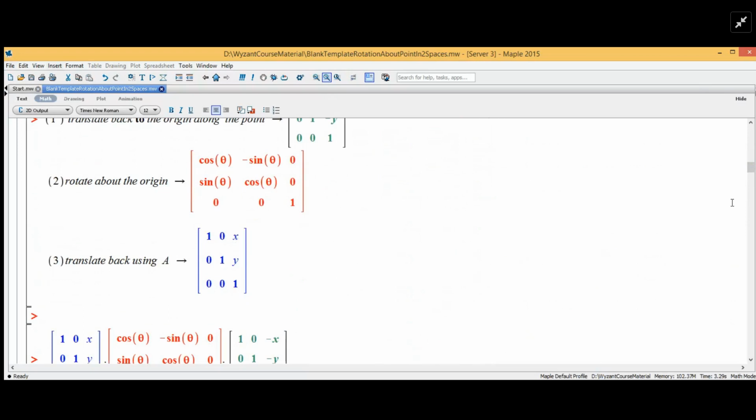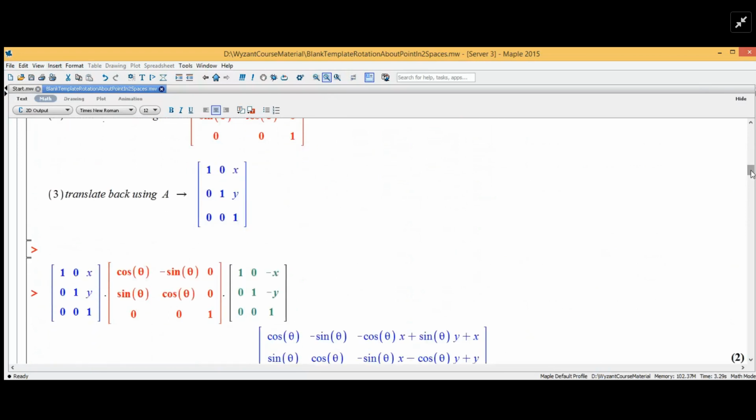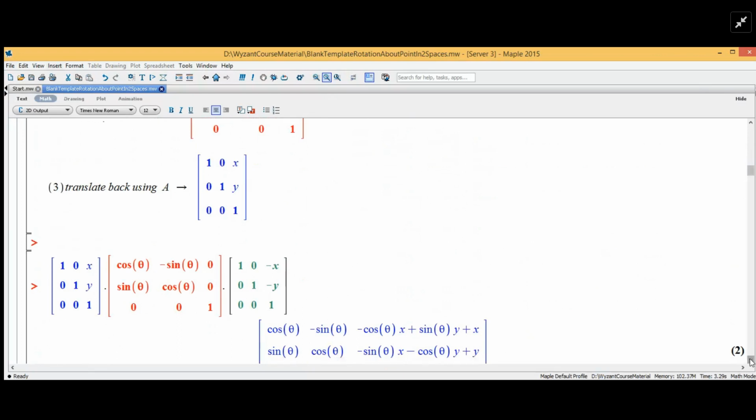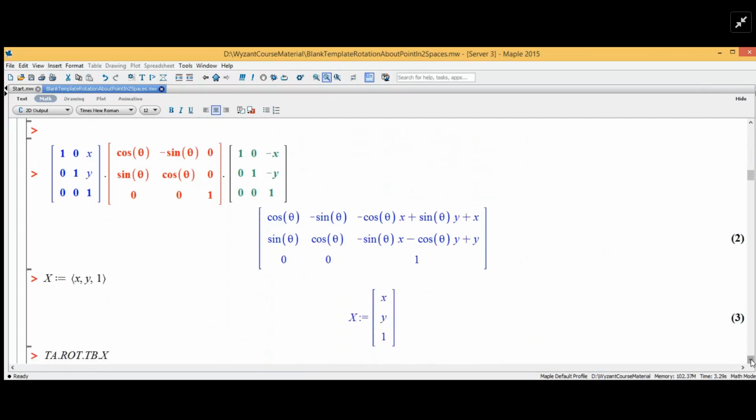So step by step, it's matrix multiplication: first translating according to the point (x, y) back to the origin, rotate around the origin by the angle of theta, and then translate it back to (x, y), right? So the result is the matrix multiplication, and that gives us the following matrix.